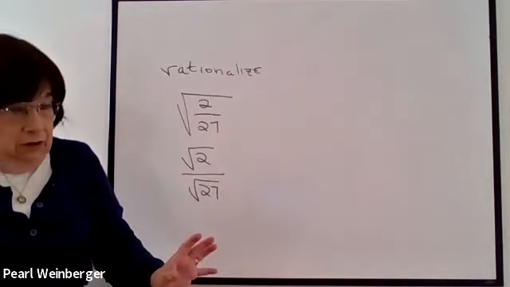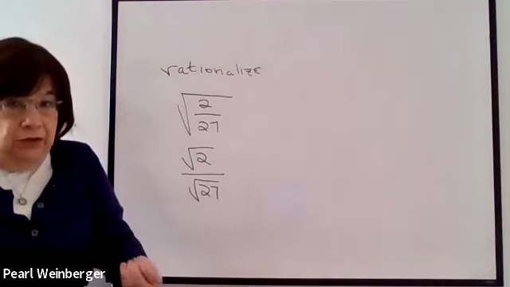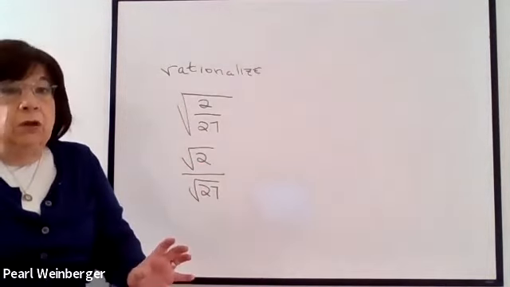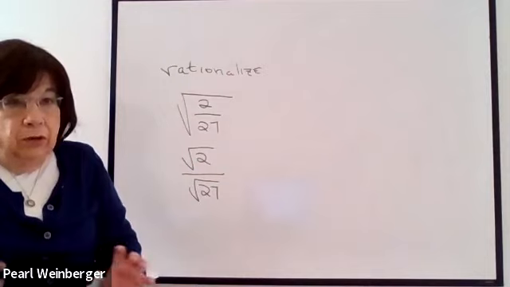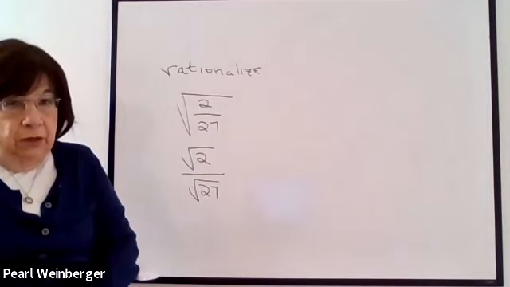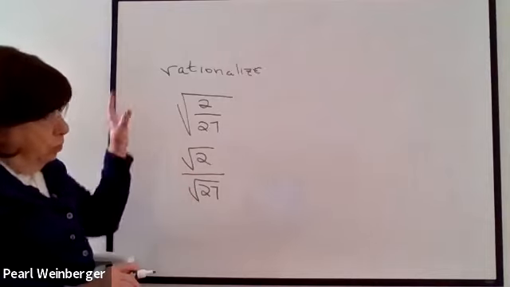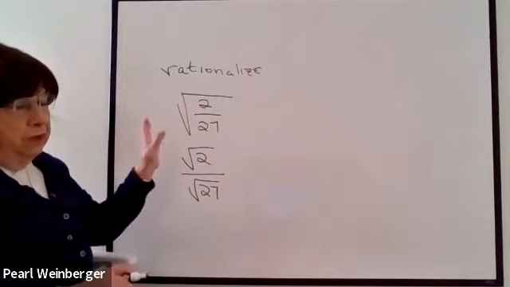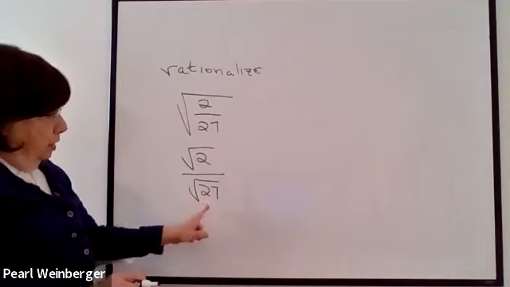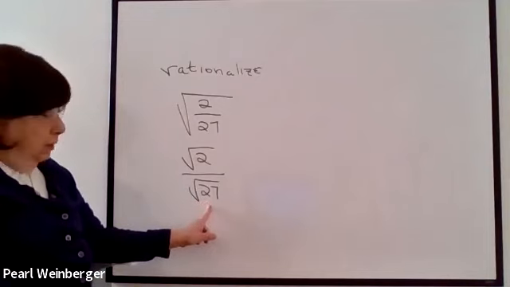If it says divide, or if it says rationalize the denominator, we are looking to get rid of the radical in the denominator. Well, the first thing you want to do, again, you work with the denominator first, worry about the numerator at the end, is try and simplify that denominator.